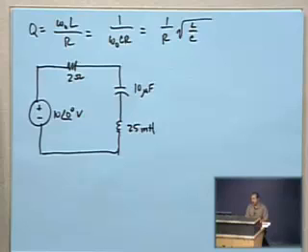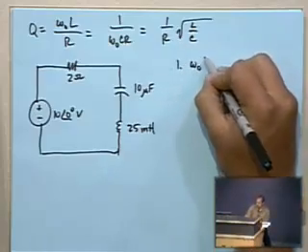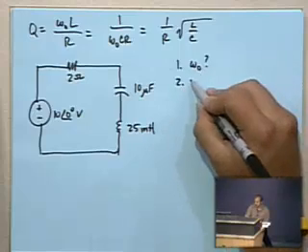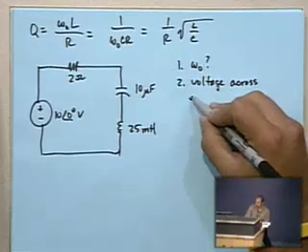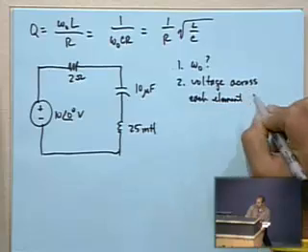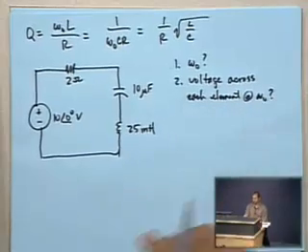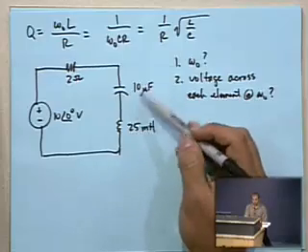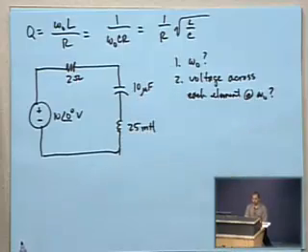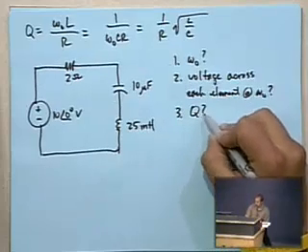What we would like to find is, first, what is omega naught, the resonant radian frequency? Second, at the resonant frequency, what is the voltage across each element? The impedance of these changes based on the frequency you're operating at. And third, what is Q for this circuit?